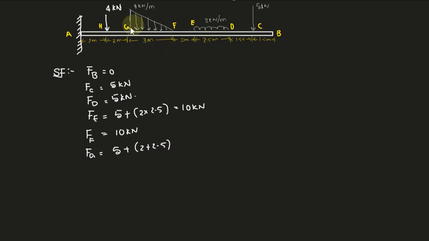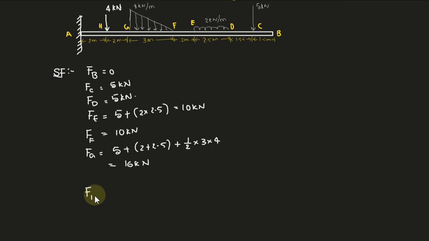As this is a triangular load, we need to find the area of this triangle, which will be the point load that it can be converted to. That is half into base into height. Half into base, 3 meters, and height is 4 kilonewton per meter. Upon summing up, we will get 16 kilonewton.